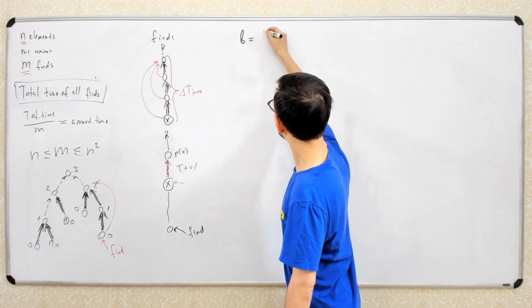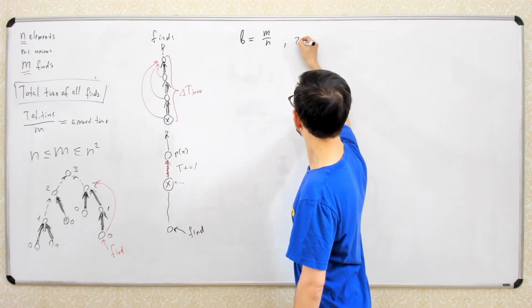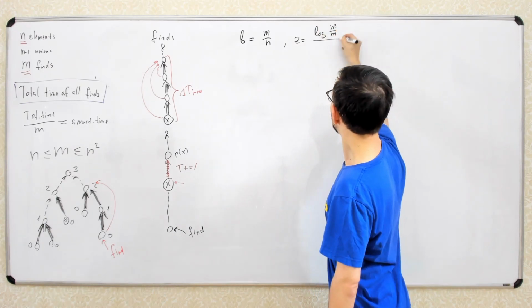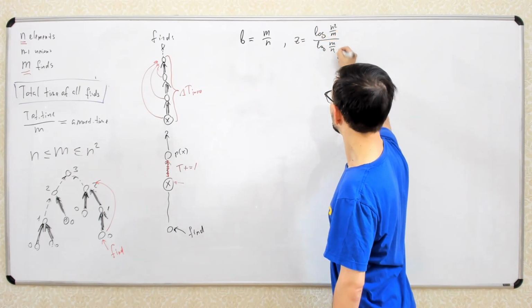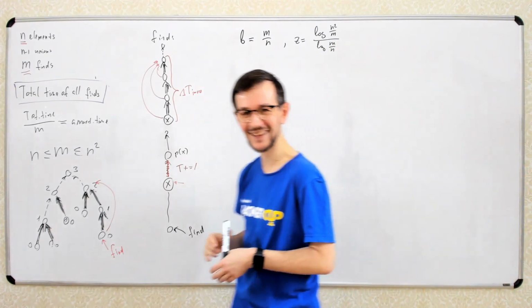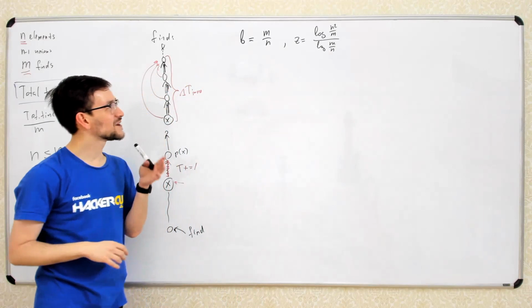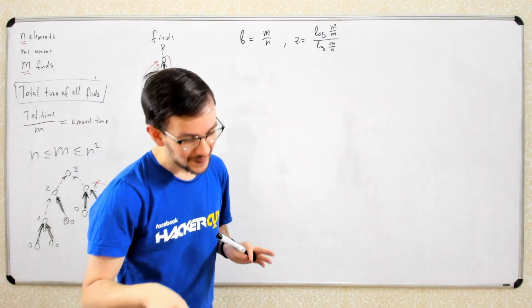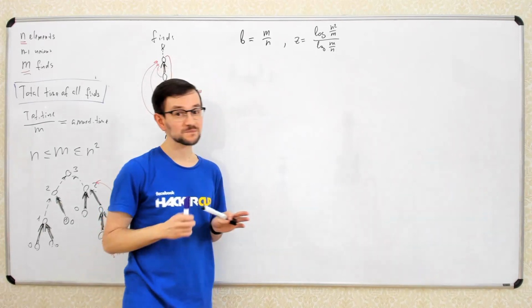Value b will be equal to m over n, and value z will be equal to logarithm n square over m divided by logarithm m over n. Okay, now things got a little bit awkward by now, but that's fine.